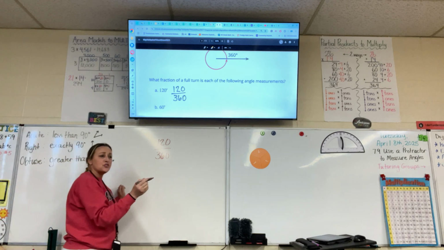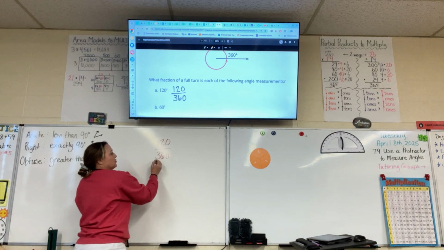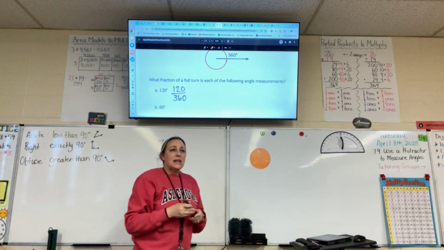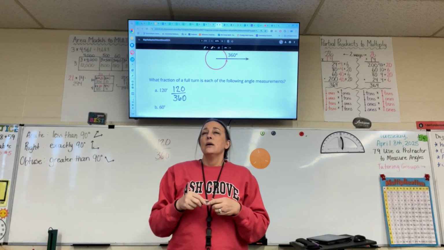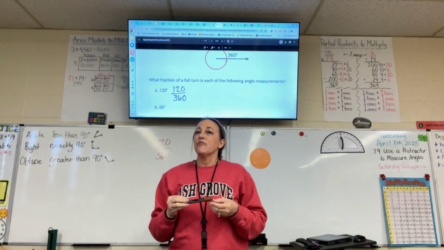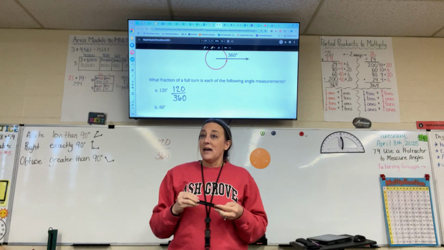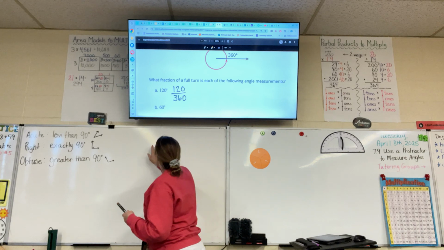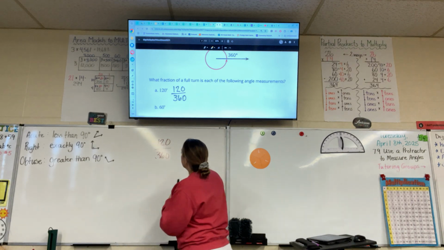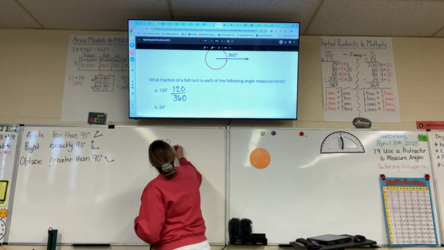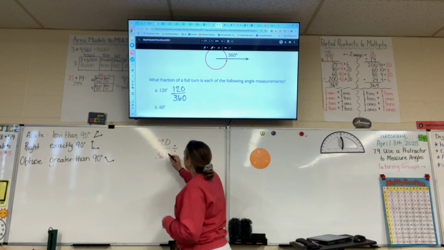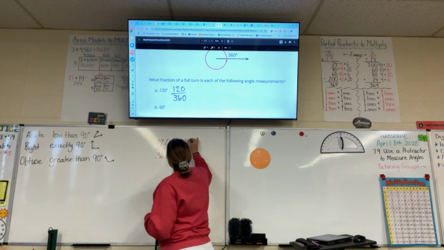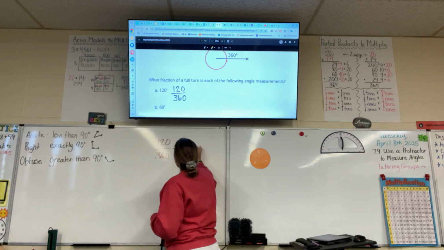But what I noticed right away is 12 and 36. Is 12 a factor of 36? Yes. And so that means that 120 is a factor of 360. So the biggest number that we can divide 120 and 360 by is 120.